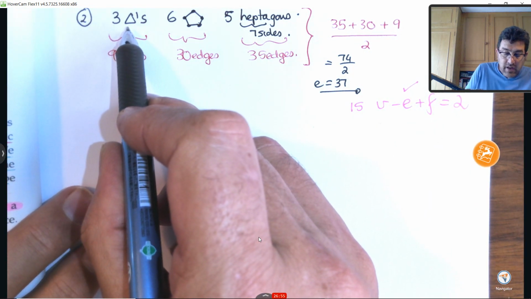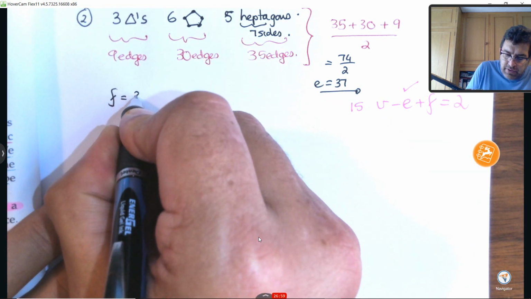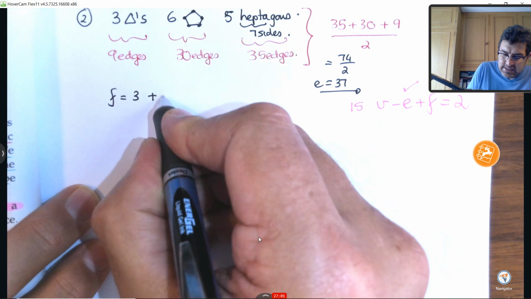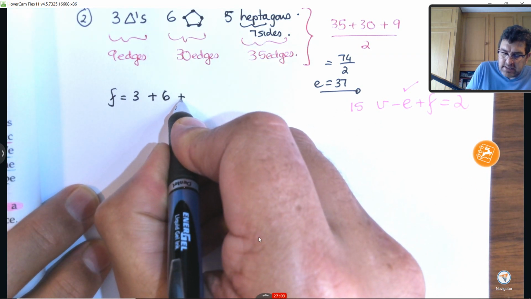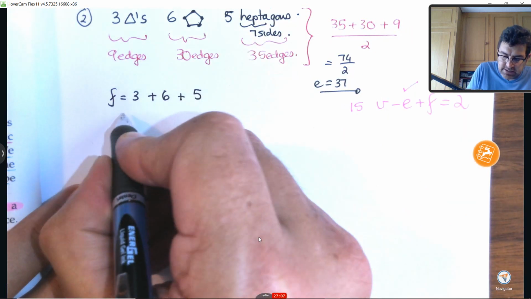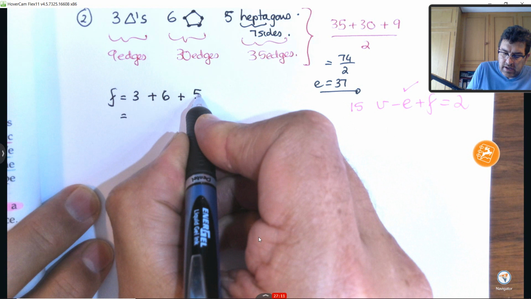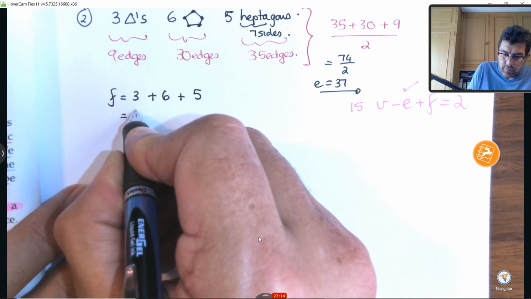There are 3 triangles, so F will be 3 plus the 6 plus the 5 heptagons that they've given us. That is 9 plus 5, which is 14.